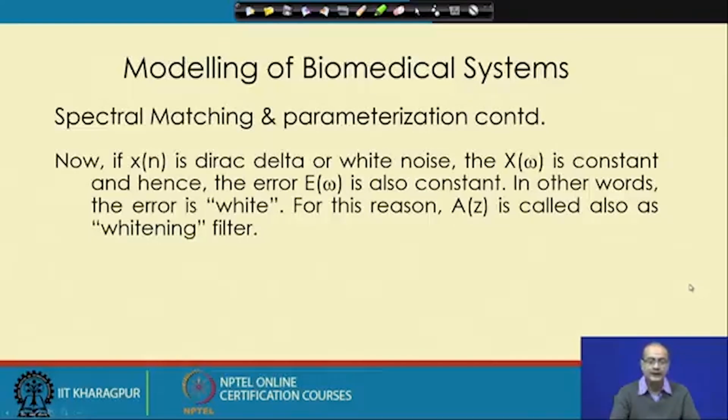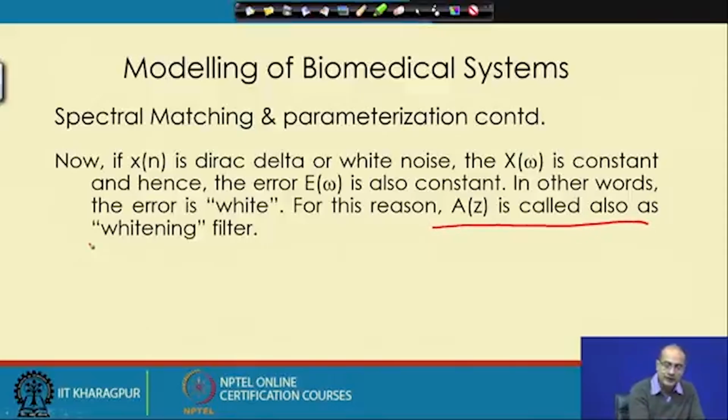So, in other words, the error is also white, and for that reason the filter that we are determining here using the autocorrelation method or autocovariance method, we call it a whitening filter, because the output, or the prediction error, gives us a white spectrum, or white noise. That is why it is called a whitening filter.